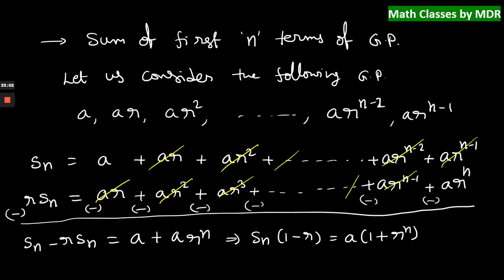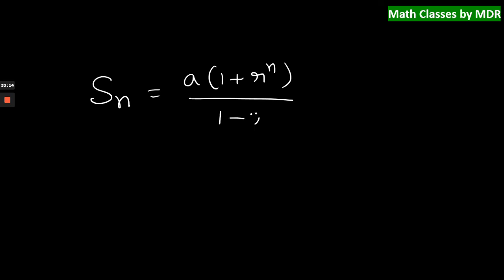So on taking 1 minus r to the right hand side, we will get the sum of n terms is equal to a into 1 minus r to the power n by 1 minus r.